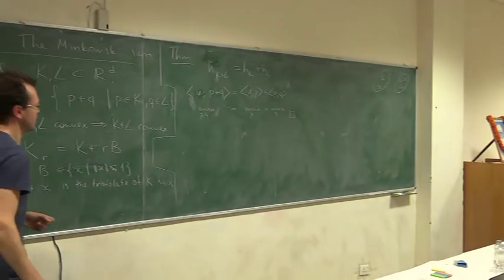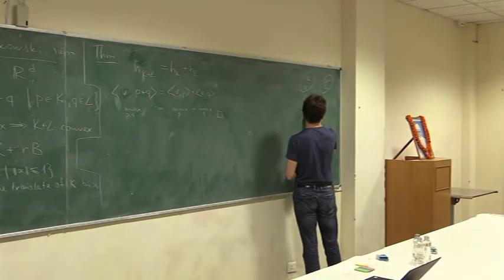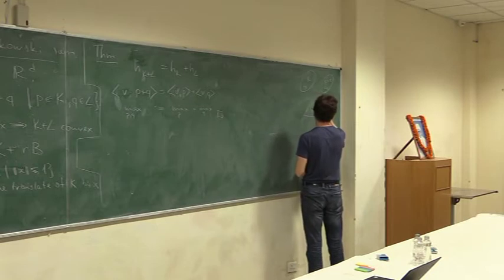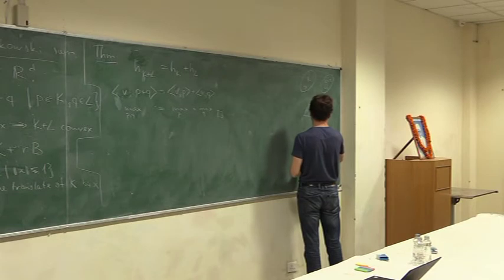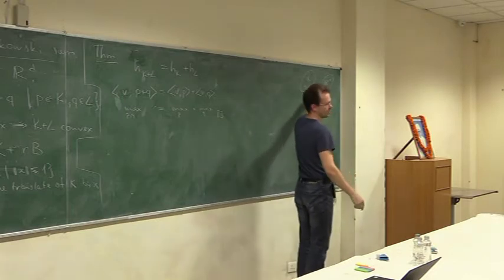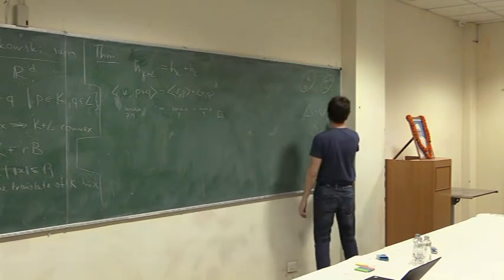So again, it's useful to play with some examples. For example, take a triangle and take the sum of two different triangles, or take some polygon and take its sum with a segment. Because the sum with a point, we know it's easy. What is the sum of a segment and the polygon?